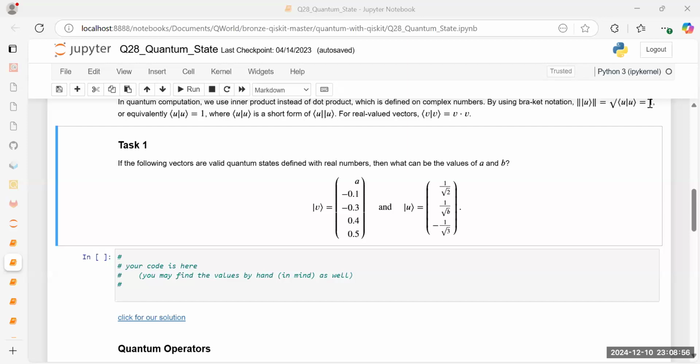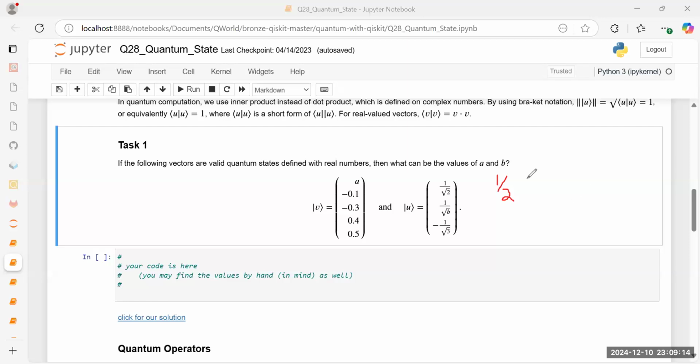Okay, let me test this out. 6/5. Okay, so let's test this out. If we square this, we get 1/2.